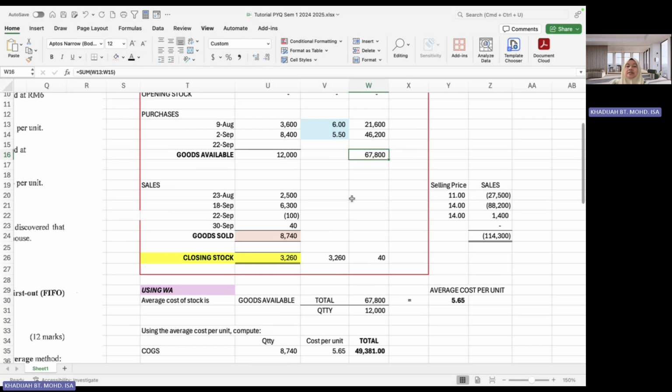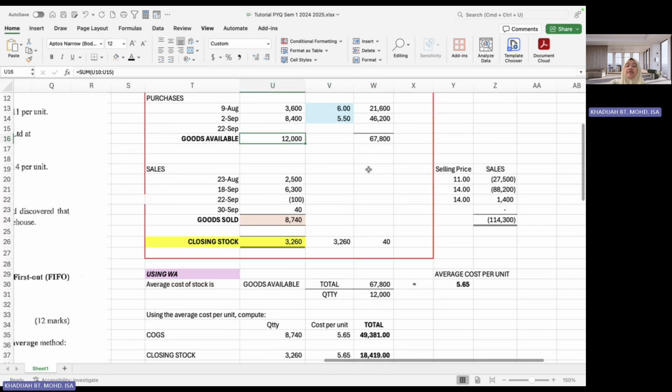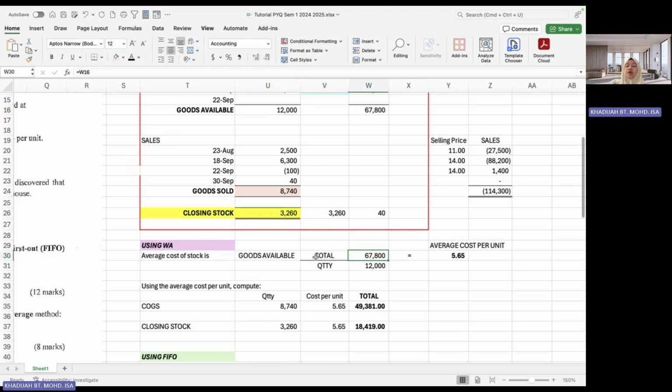So for your purchases, goods available, the total value is 67,800, and the goods that you purchased was 12,000. So the average cost of stock is your total over quantity. In this case, you should get 5 ringgit and 65 cents. Using that amount, you're going to compute your COGS. The unit is 8740. Where do you get that from? It is from the computation here, 8740 times the cost per unit of 5.65.